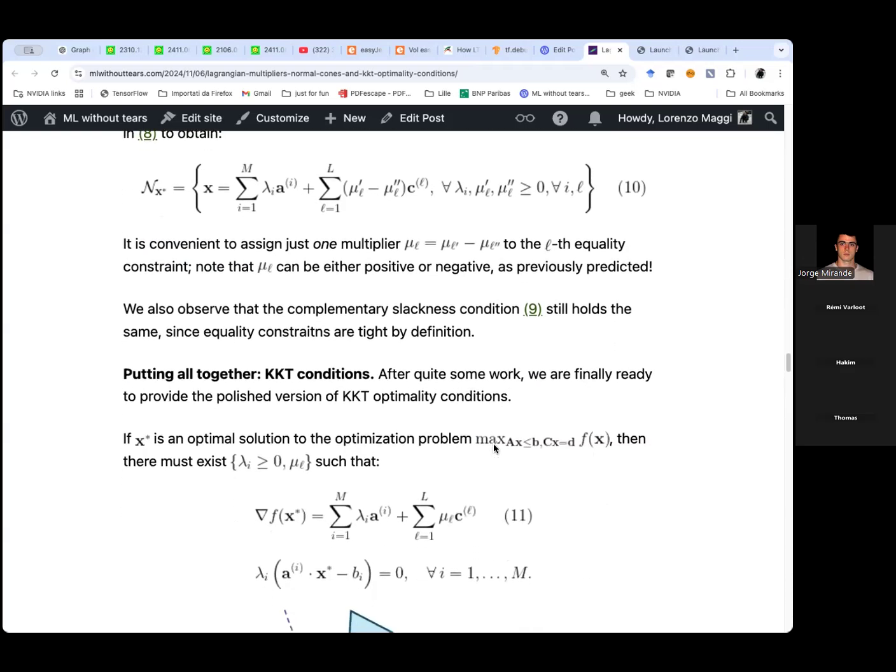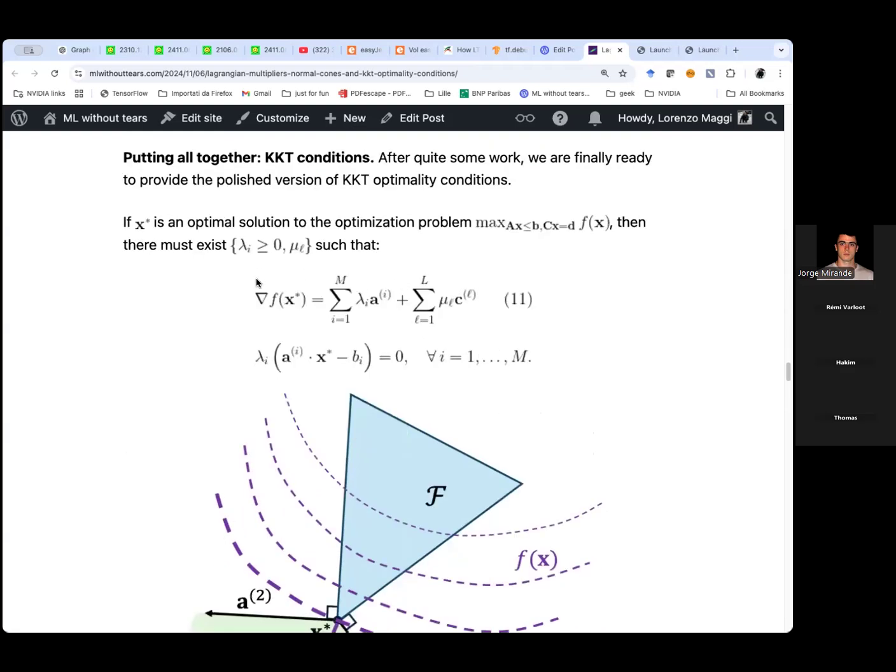Okay, so we've finally gotten to, let's say, the most well-known expression for the KKT conditions. Let's say, if x star is optimal, then there exist, it doesn't say which ones, be careful, but there exist some lambda and some mu, such that the lambdas are positive and mu can be anything, such that the gradient can be written as a linear combination of A's and C's, and complementary slackness.